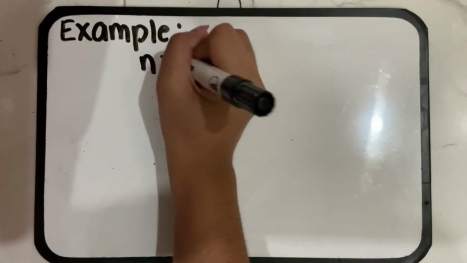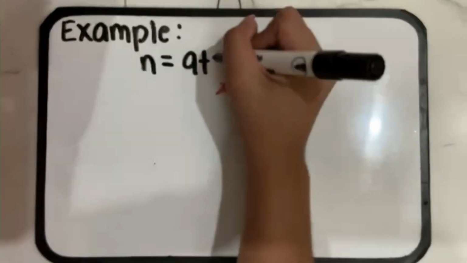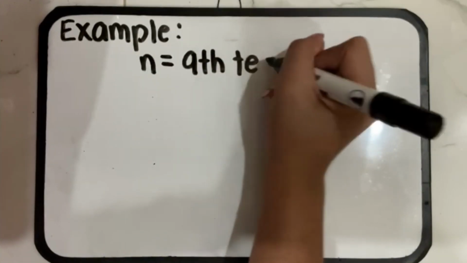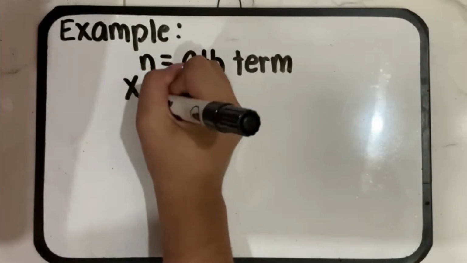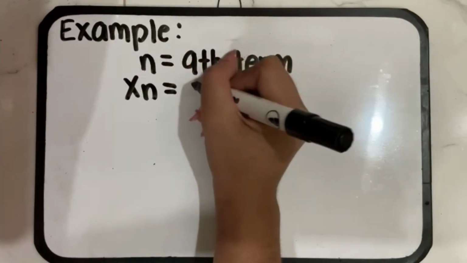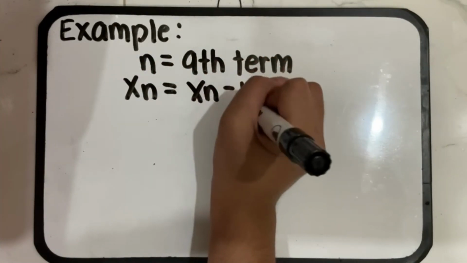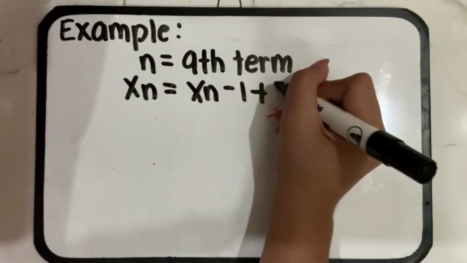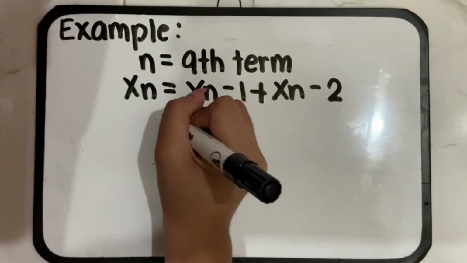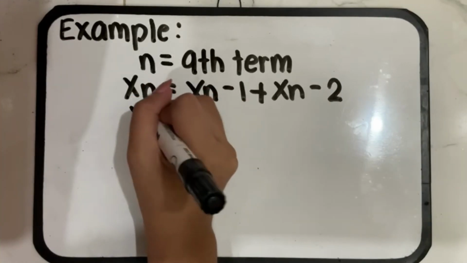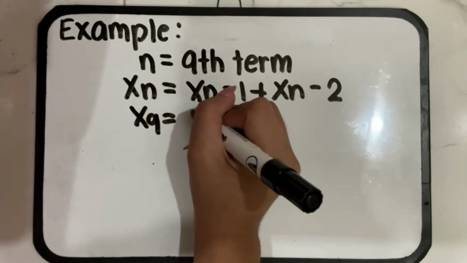For example, if our n is 9, our rule is x sub n equals x sub n minus 1 plus x sub n minus 2. We substitute the n in the formula and replace it with the given n, which is 9.